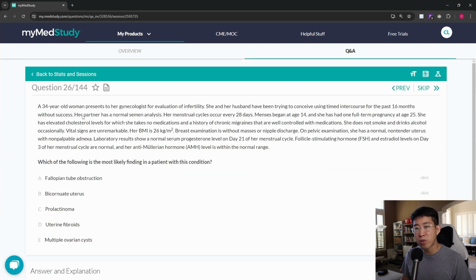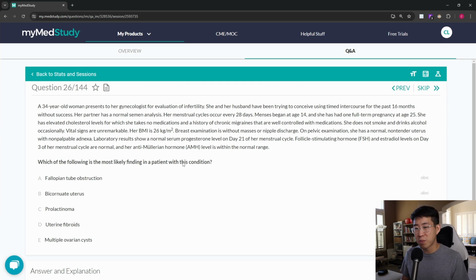Next question. A 34-year-old woman presents to her gynecologist for evaluation of infertility. FSH and estradiol levels on day 3 of her menstrual cycle are normal, and her AMH level is within the normal range. This is going to be a difficult question for me because I don't deal with reproductive hormones or evaluation of fertility very often, but it is something we need to be aware about.